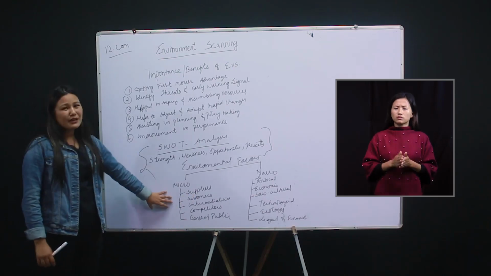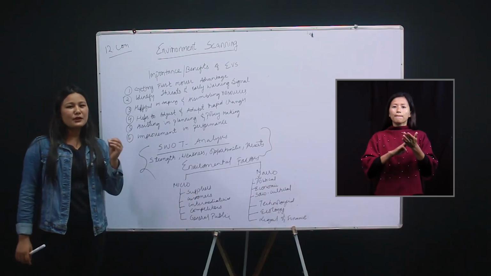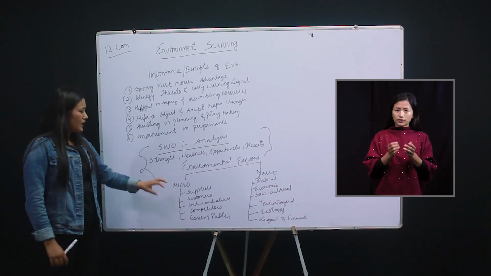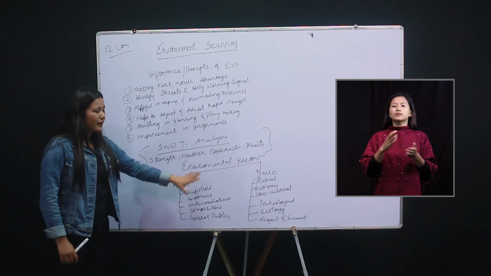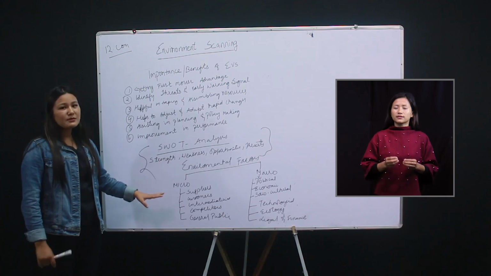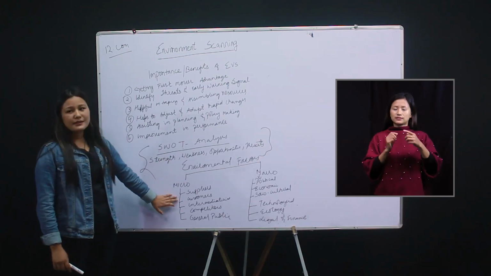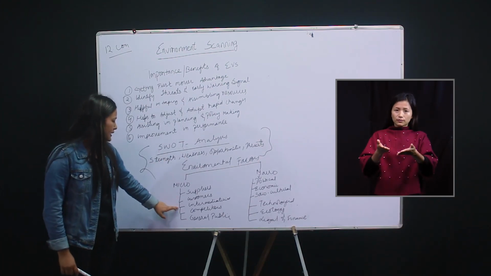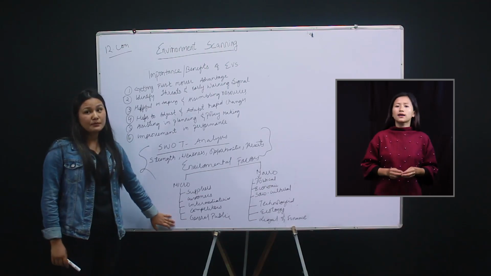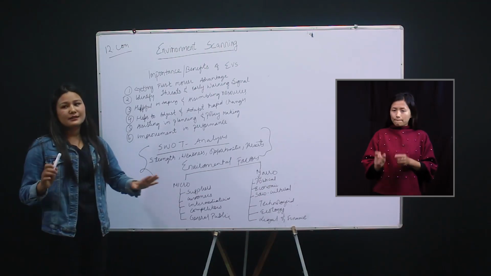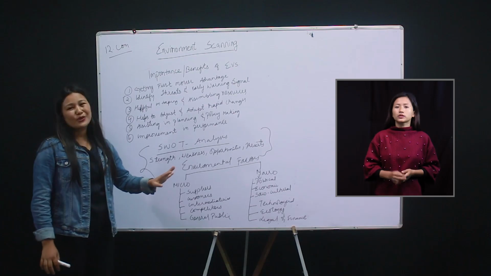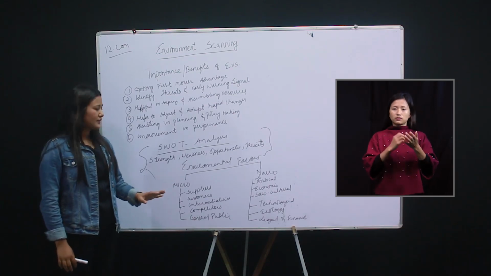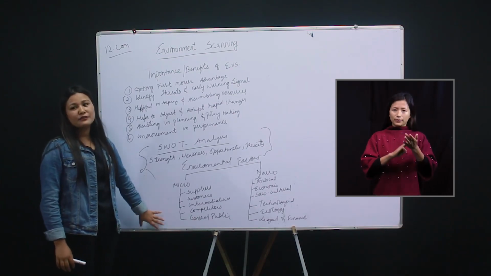By the name itself, micro means small. The micro factors that affect your environment are suppliers, customers, intermediaries, competitors and general public. In this unit, we will focus more on the macro environmental factors rather than the micro environmental factors.